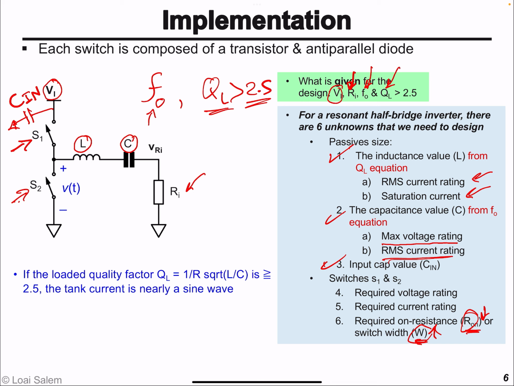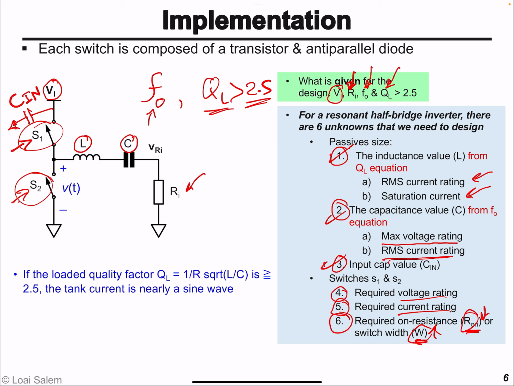And of course, transistors also have ratings, so there is the required voltage rating. What is the maximum current that the transistor should handle? Okay, so in total we have 6 main unknowns in the design of the transmitter.